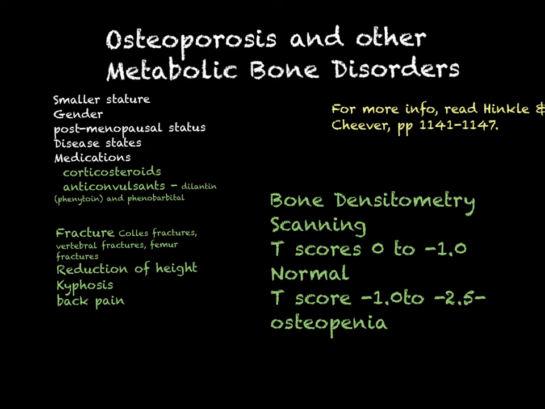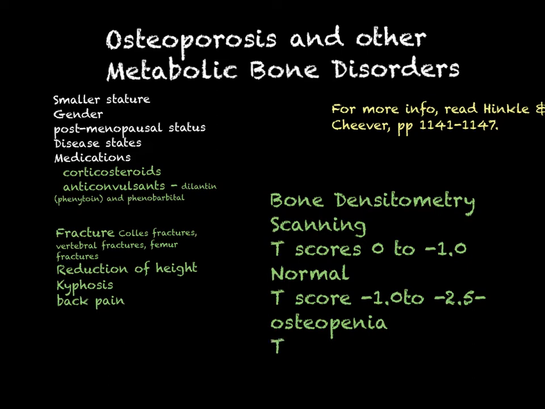I mean, anyone can have a fracture. Healthy young people have fractures, but it takes more force to break that bone. This person is less likely to develop a fracture than somebody with osteoporosis, but this is a progressive disorder, so maybe we want to intervene here to decrease the risk of progression to osteoporosis and to decrease the risk of fracture and all the complications that come from it.